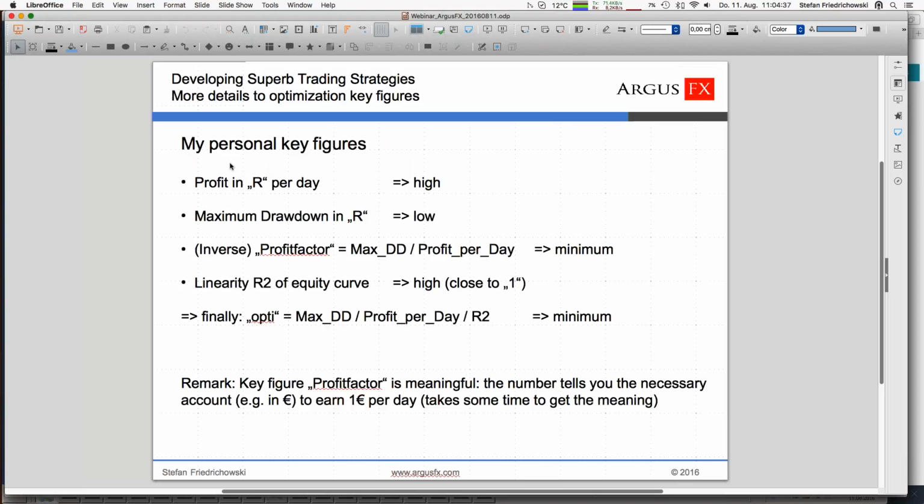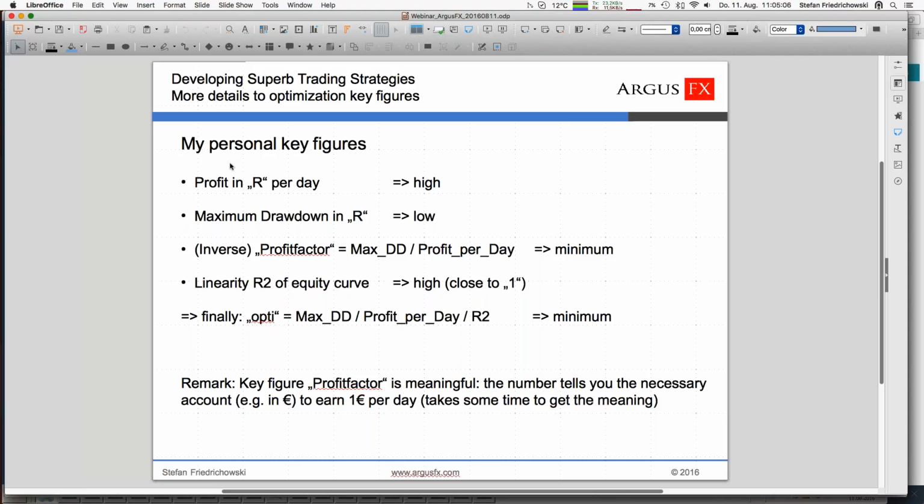I mentioned that I want to show you once again a little bit more about my personal key figures all around trading strategies, and that must be a very short list, because if you want to optimize a trading strategy, that can't be a very complicated list of things you want to optimize.